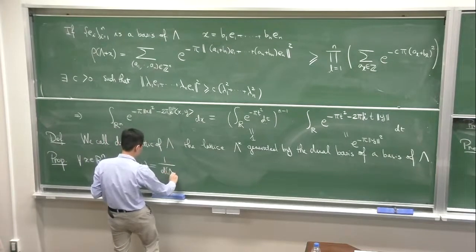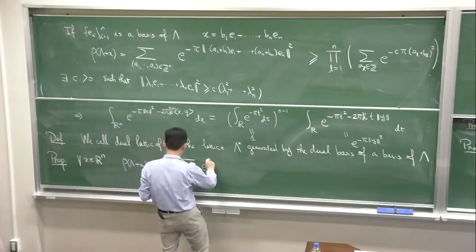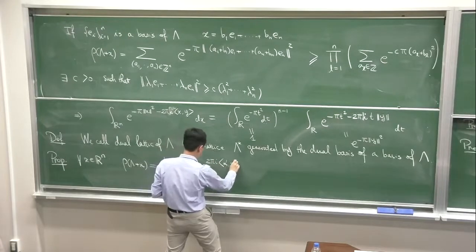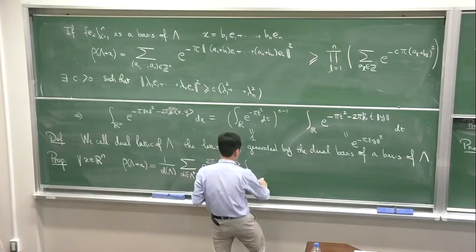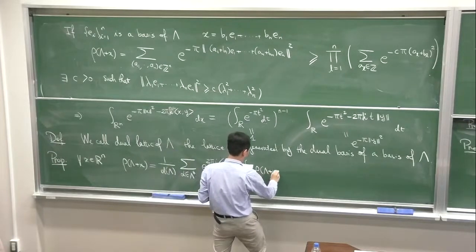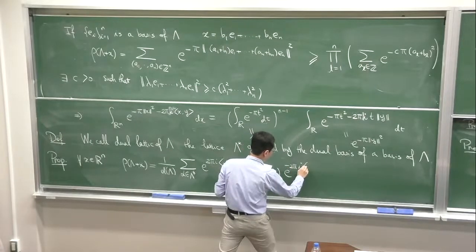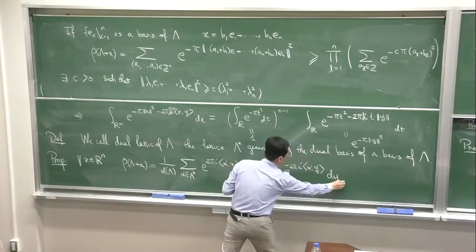It's 1 over d of lambda, sum for alpha in lambda star, e to the 2 pi i alpha x, times the integral over the fundamental domain of rho of lambda plus y, e to the minus 2 pi i alpha with y, dy.